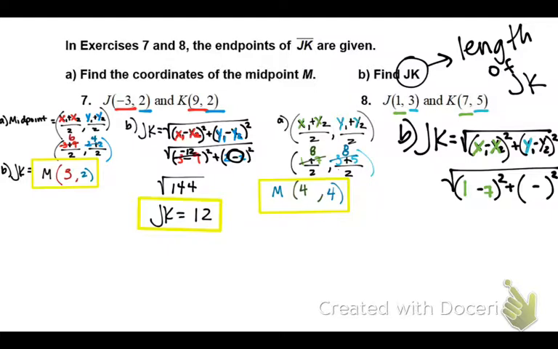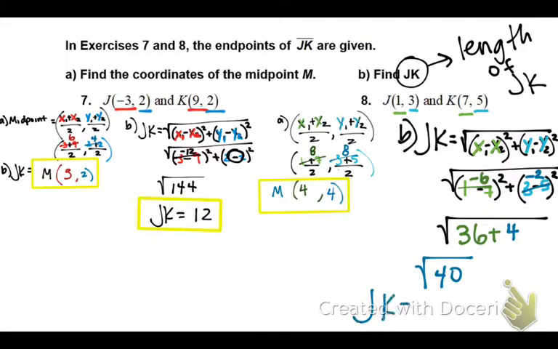My first y, and my second y? 3 and 5. Good. 1 minus 7 is negative 6 squared is positive 36. 3 minus 5 is negative 2. Negative 2 squared is 4. 36 plus 4 is 40. So the length of JK equals the square root of 40, which is 6 point, what is it? 3.